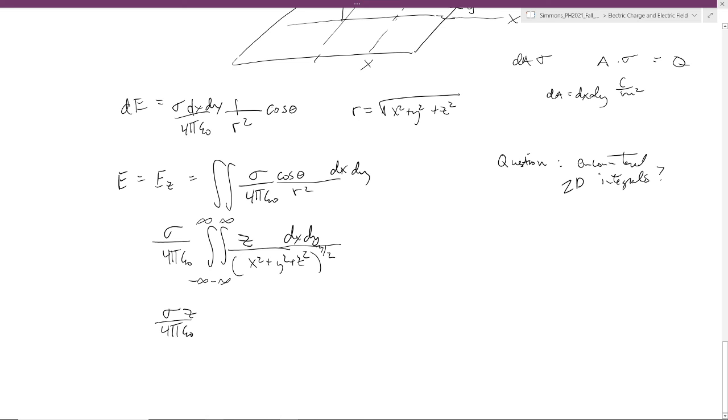If you integrate over one dimension, you get a factor of 2. What you're left with, say I integrated over x, is the y integration, which reduces to y squared plus z squared.